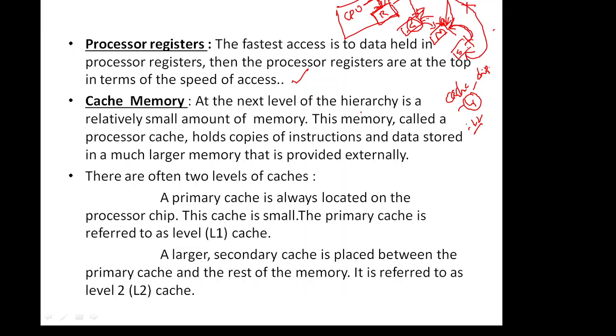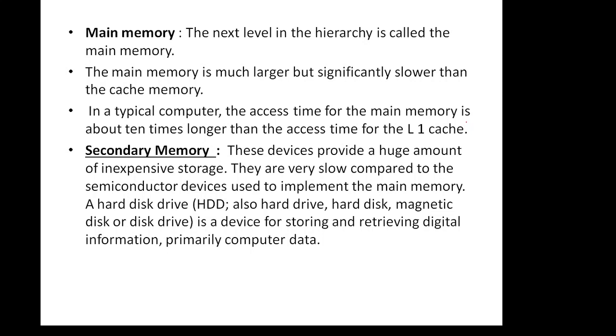And the next one is the main memory. This main memory is much larger but slower than the cache memory. The access time to the main memory is about 10 times longer than the access time of L1 cache. So L1 access time is very less when compared to the main memory access time.